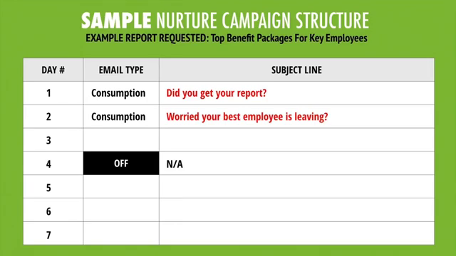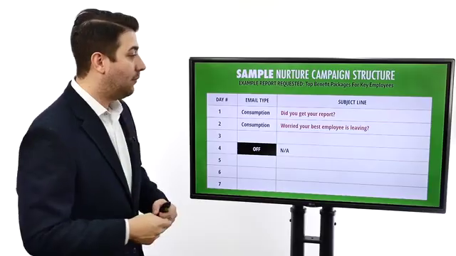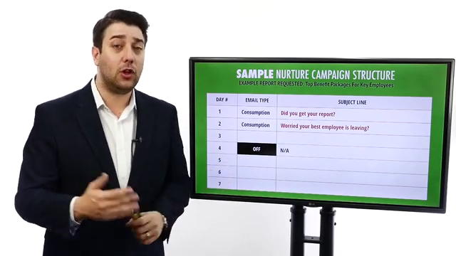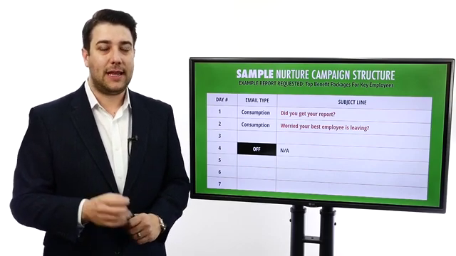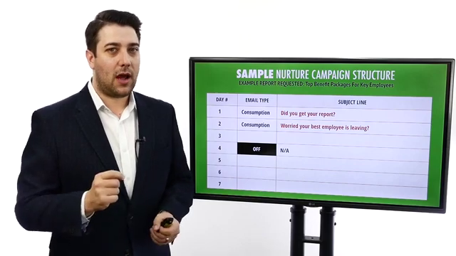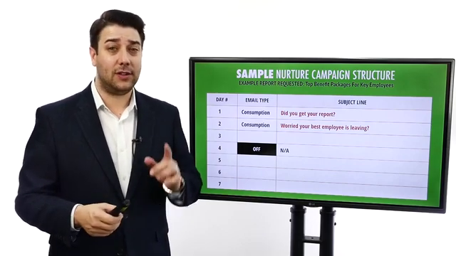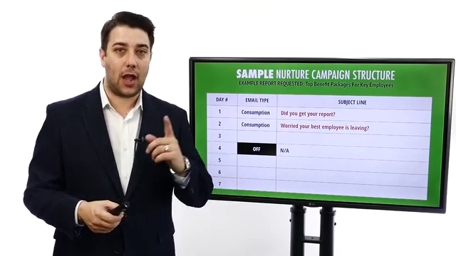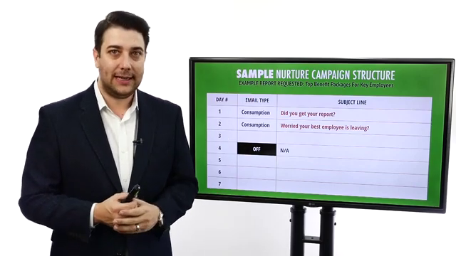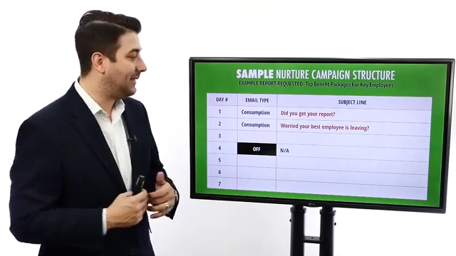So I may say something like, "Worried your best employee is leaving?" Right? I'm entering a conversation that if they've downloaded this report or if they were looking for employee benefits, I know that's probably either something they've thought about or a conversation they're actively having in their head. So I'm just entering that conversation. I know the pain points. I know the reason that someone would be interested in this report, and I'm going to start to speak to them.